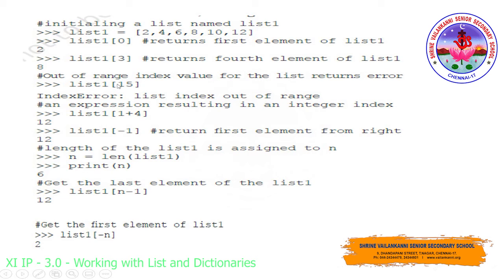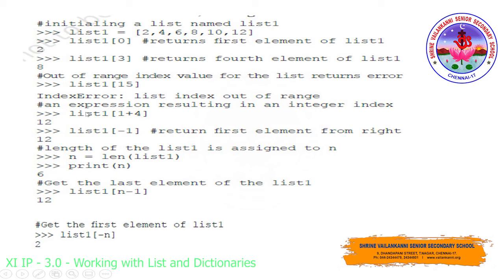But if you try to access the values which are out of the index range, it will show an error stating that the list index is out of range, because here the index position they have given is 15, but how many index positions do we have? 0, 1, 2, 3, 4, 5. Only till 5 index positions we have, right? If you try to access more than 5, it will display an error message. So we should not try to access the values which are out of the index range.